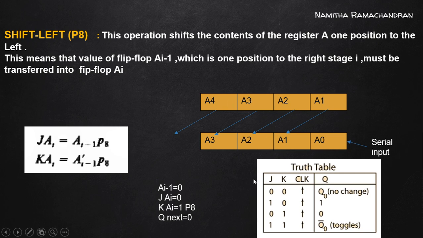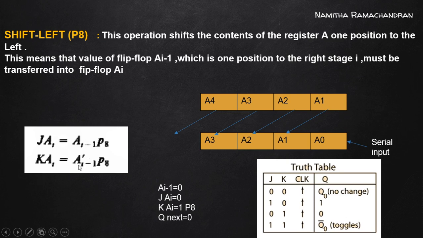So the expression is like this: JAI equal to AI minus 1 and P8, KAI equal to AI minus 1 complement and P8. That means after shifting, each position is filled from one position to the right. The AIth position is filled from the AI minus 1th position in the previous state. That is why this expression.